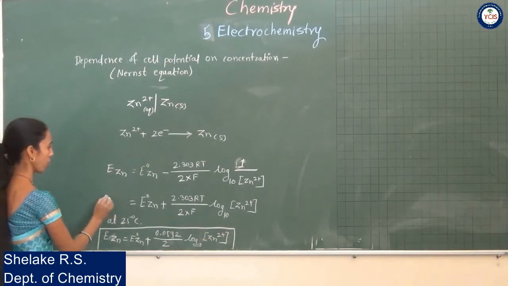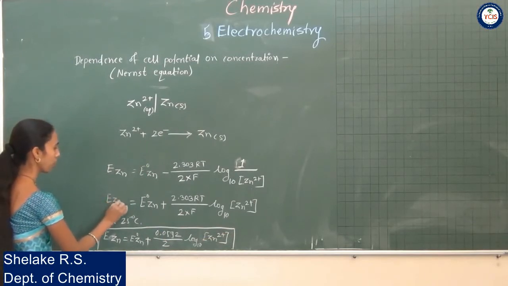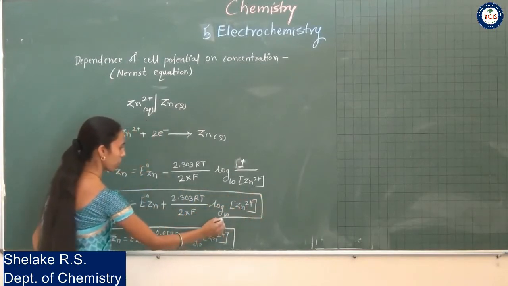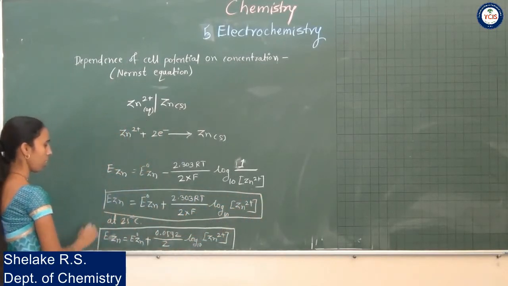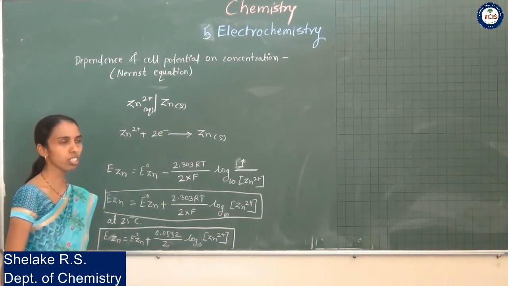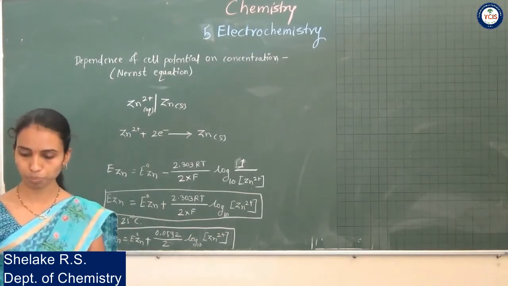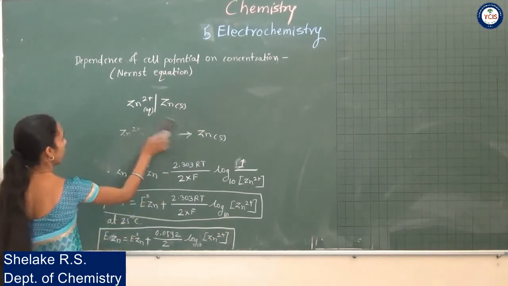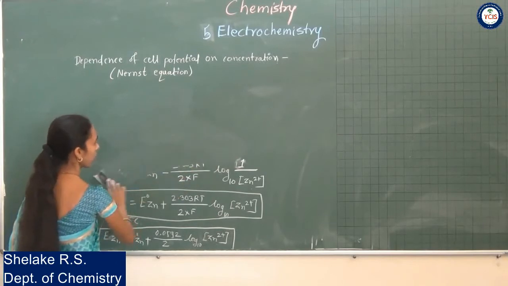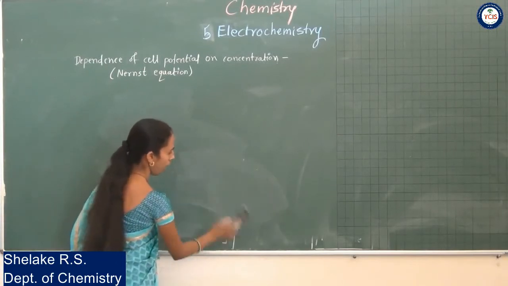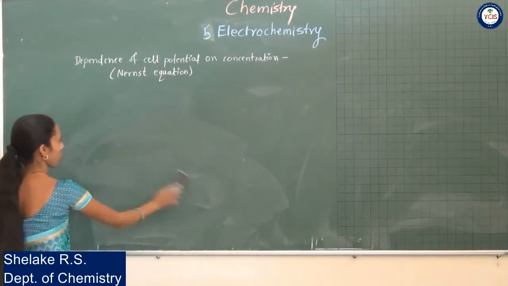The first equation is for any temperature, and particularly at 25 degrees Celsius, this is the Nernst equation for the given electrode. This is how we can write the Nernst equation for a given cell or for a given half cell reaction. We have studied that.